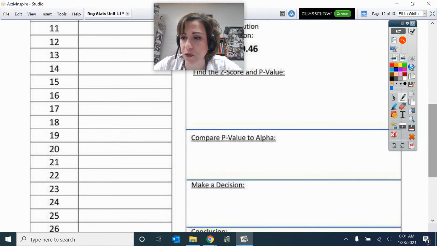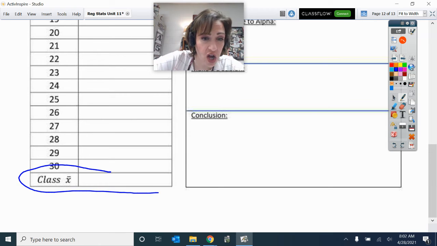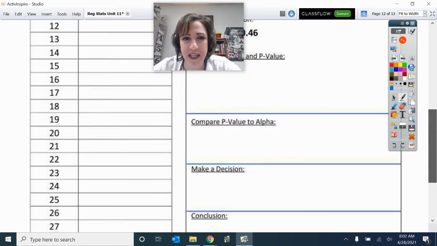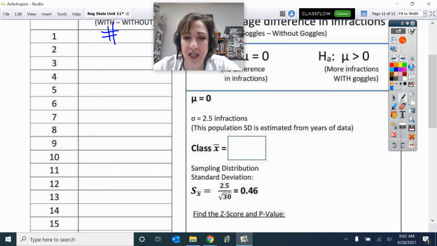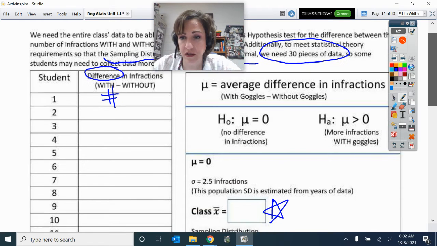I don't think I include space for that. After we get all of our classes' data, we're going to run a test. You're going to put the class average right here, and we're going to run a statistical test for the average difference in the infractions with the goggles and without.